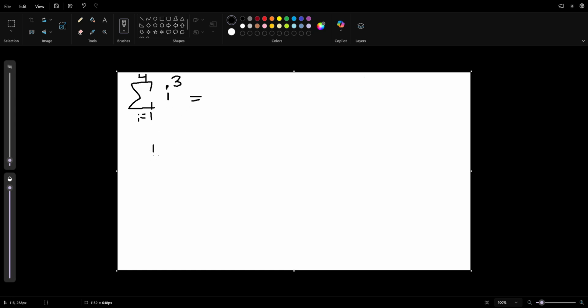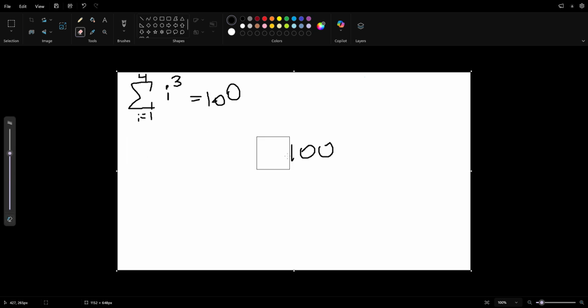Plug in 1 for i, it's just 1, plus 2 for i, which is 8, which is 2 cubed, 3 for i, 27, 3 cubed, finally 4 for i, 64, 4 cubed. Now, let's add it all up. 64 plus 27 is 91. Plus 8 is 99, plus 1 is 100. That's a pretty nice number, 100. Which means this sum is equal to 100.